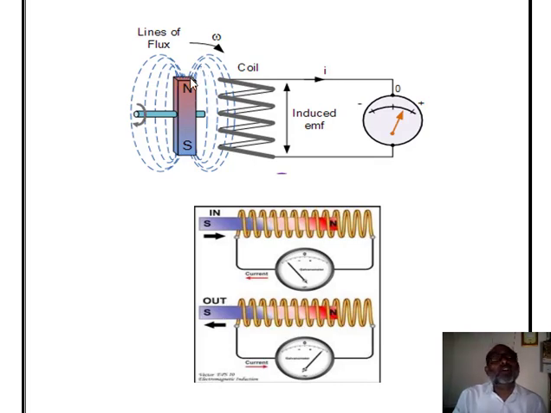The property of material which produces magnetic flux is called permanent magnet, and it produces constant flux. The flux flows from north pole to south pole. Here you can say that 4 magnetic lines are produced by this permanent magnet, and it produces constant flux. You have to remember that.